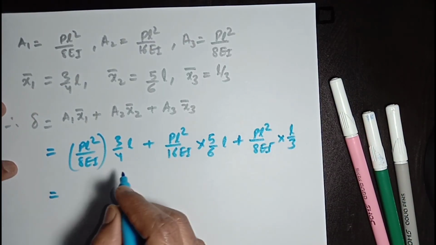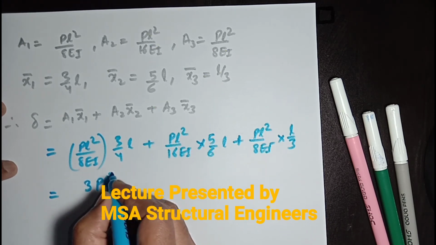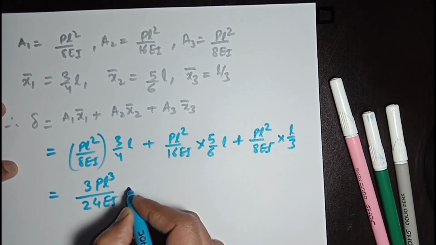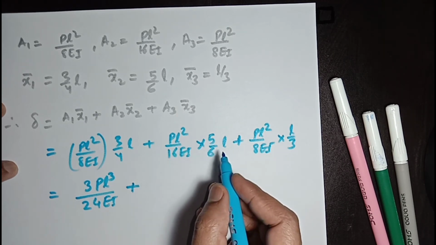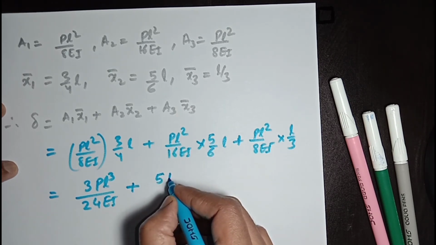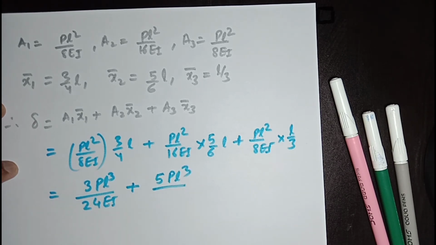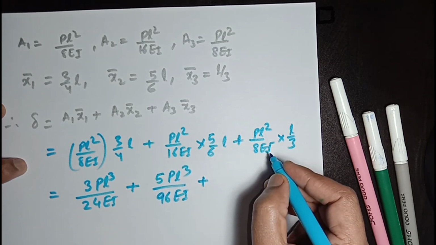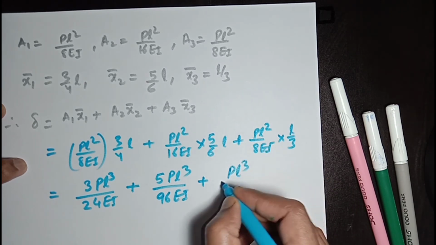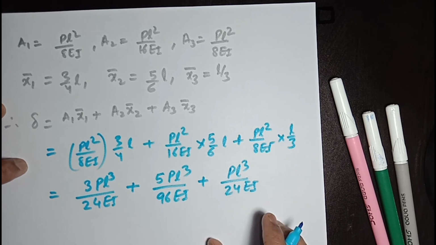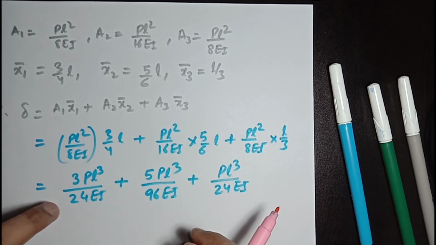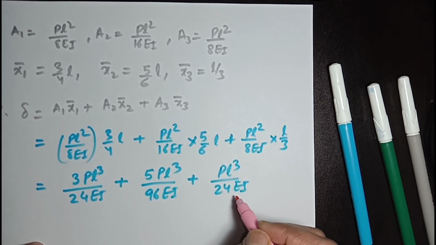Here it will be 3PL cube divided by 24EI plus 5PL cube divided by 96EI plus PL cube divided by 24EI.